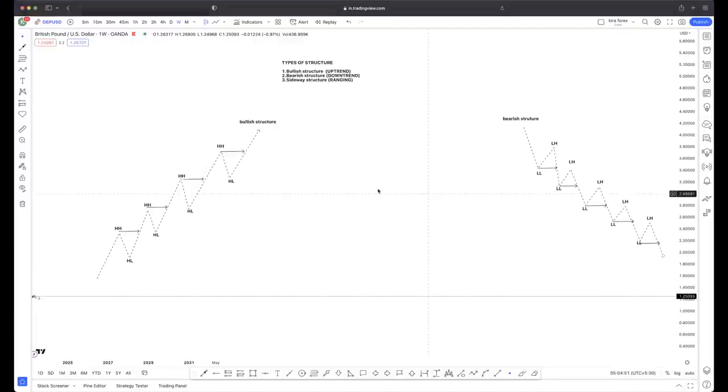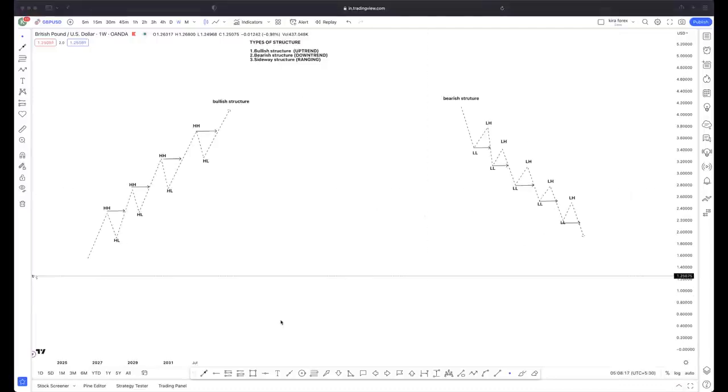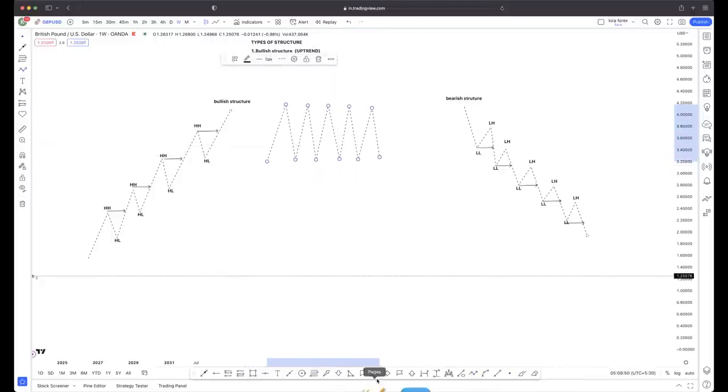So the third point under the types of structure is sideways structure, ranging, or consolidation. Now in this type of structure, we have a series of equal highs and equal lows. So in a consolidation or a ranging structure, price or market does not have any particular movement or any particular trend.